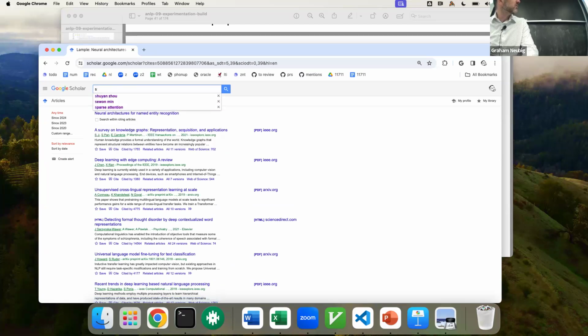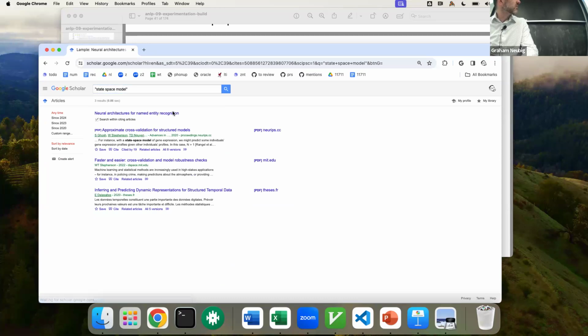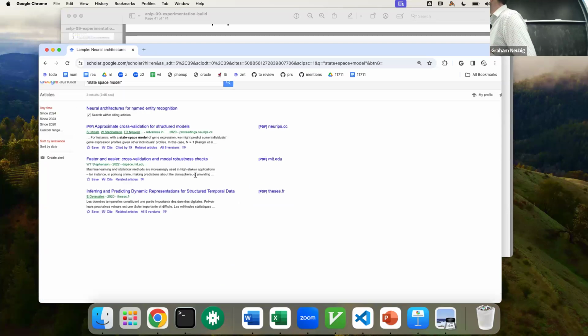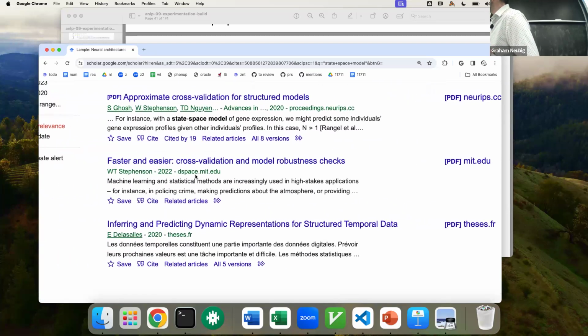I search for state space model within the citing articles, and I'm able to find 3 articles that at least cite this paper and talk about state space models. None of these seem particularly relevant to what I was looking for, but you get the idea. This can be a useful tool for finding more recent things.